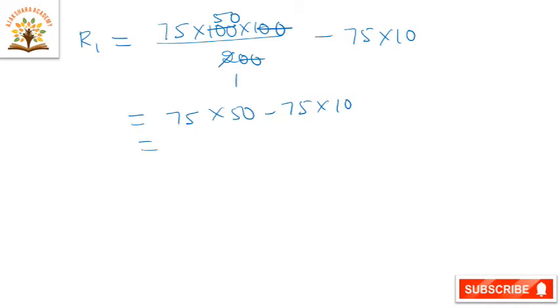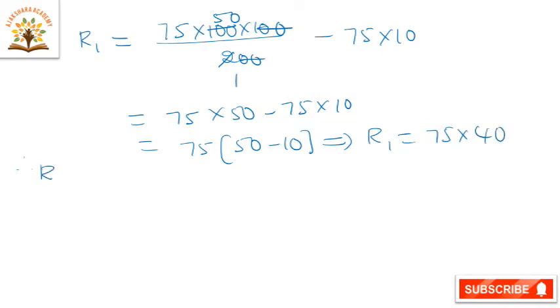Now taking common 75, we get 50 minus 10, so R1 is equal to 75 into 40. So in total R1 is equal to 3000 newtons.